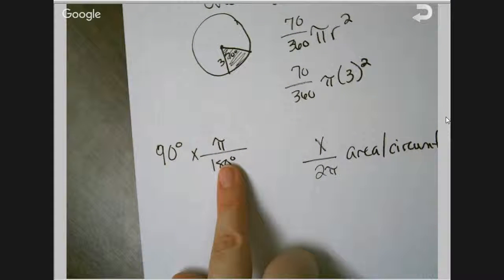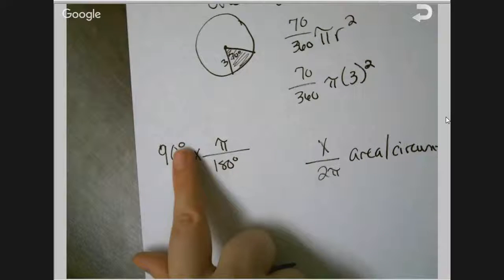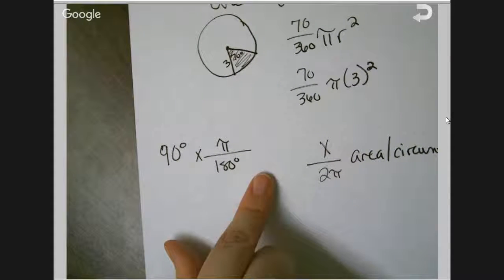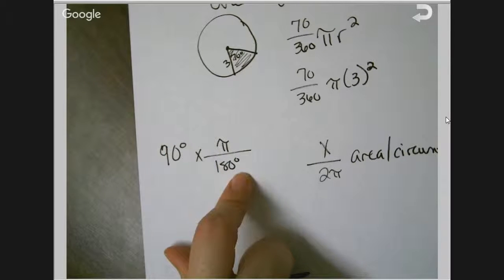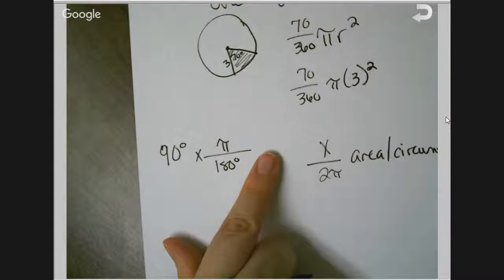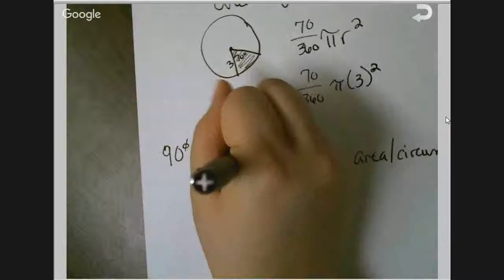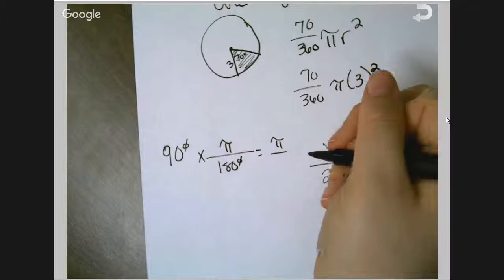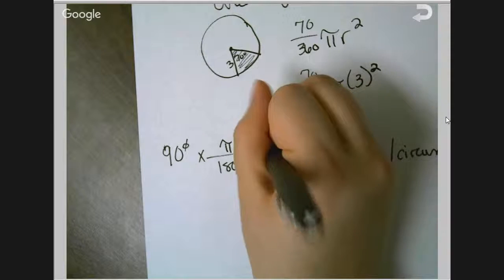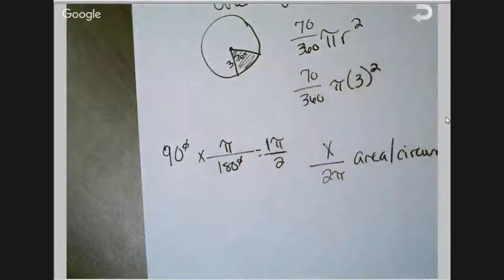For those of you in chemistry, that's not too bad of a concept because you're used to canceling out different units, right? Well, you're canceling out the degrees. That's why one's on top and one's on bottom. And then pi represents the radians. So your degrees go away and become pi. 90 over 180 is 1/2, so 1 pi over 2 is what it becomes.